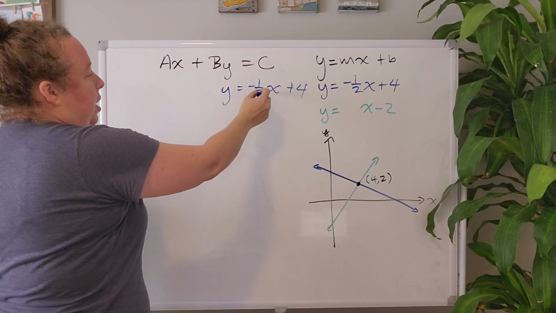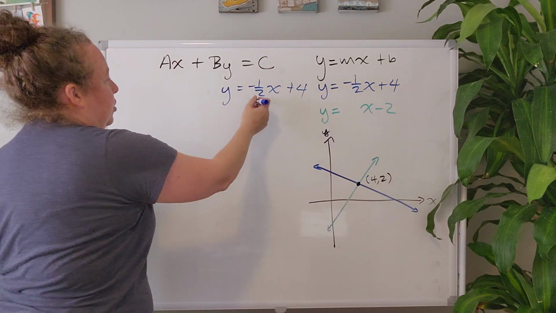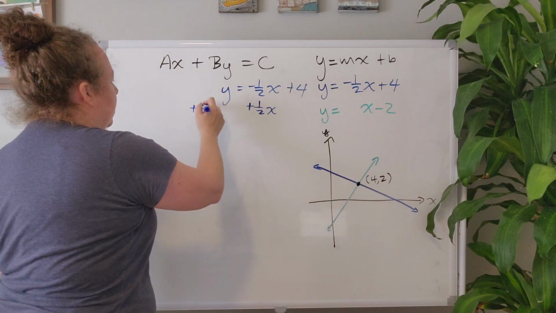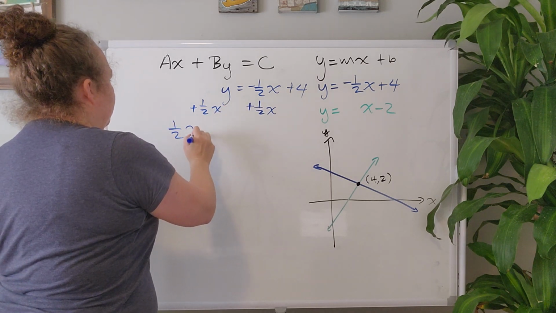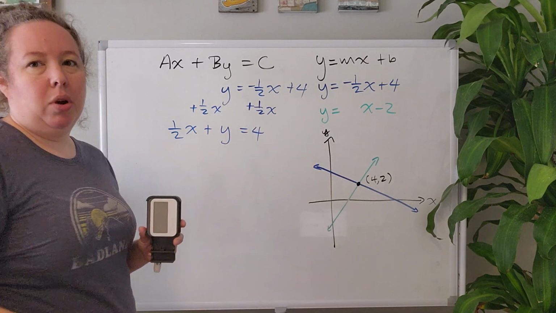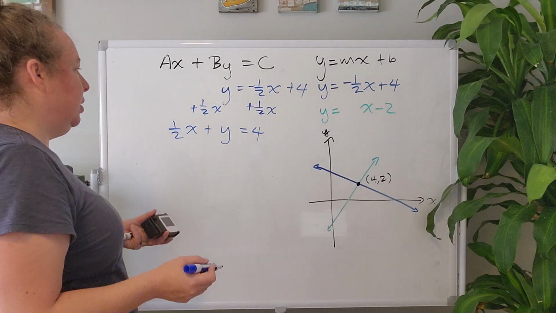And we can see that what we're going to need to move to put this in standard form is the x term. So we're going to add 1/2x to both sides, and we end up with 1/2x plus y is equal to 4. So now our blue line equation is in standard form.